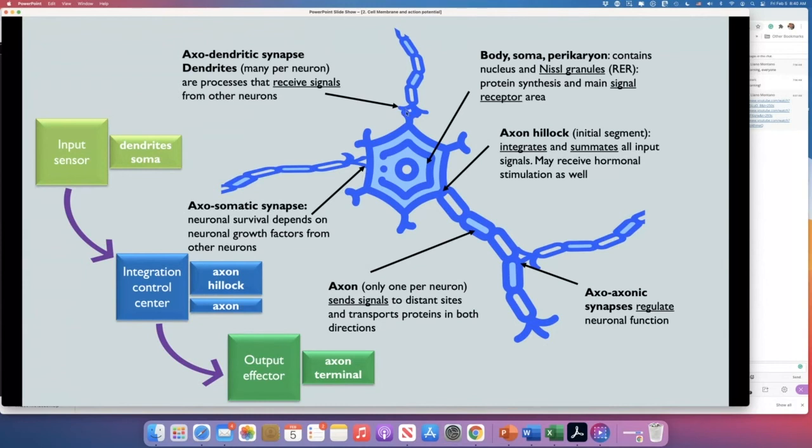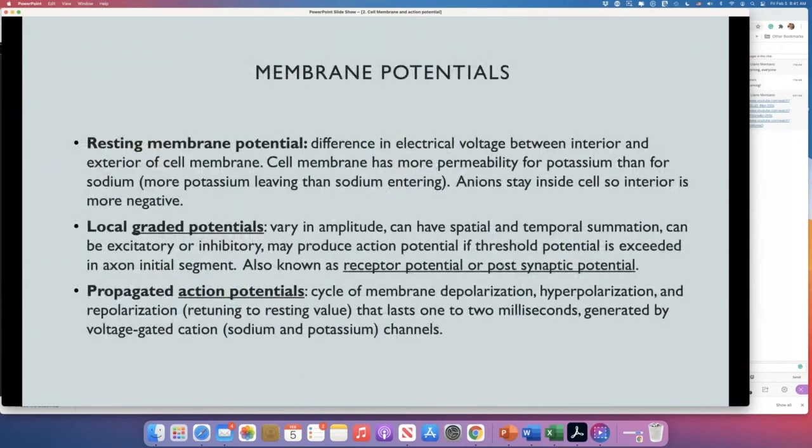The neurotransmitter can be either excitatory or inhibitory, can be depolarizing or hyperpolarizing, and it will produce changes in this dendrite that is postsynaptic, compared to this one here that is the presynaptic. That's why this is also known as postsynaptic potential.